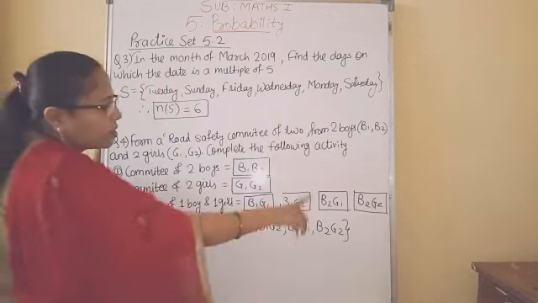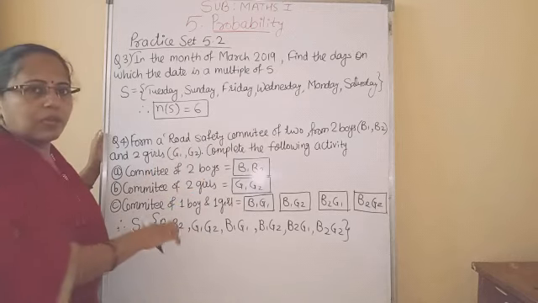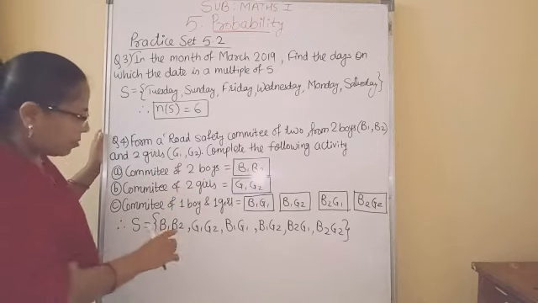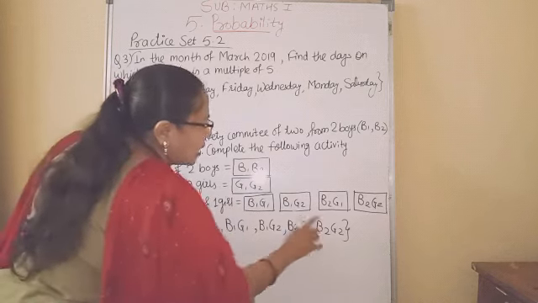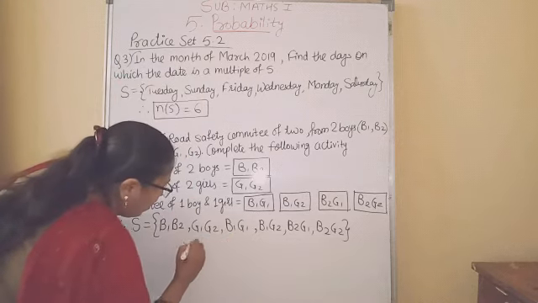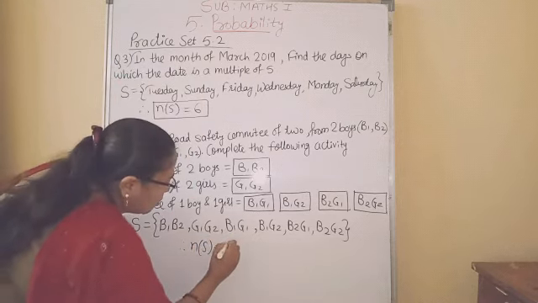So these are the possibilities if we want to make a committee of 2 members. Their total sample points are 1, 2, 3, 4, 5, 6. Therefore, n(S) is equal to 6.